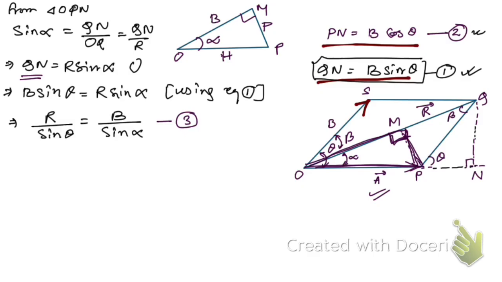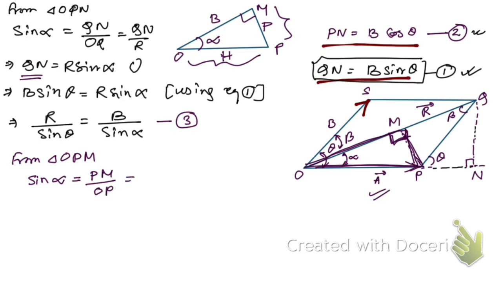From triangle OPM, sin alpha is equal to the perpendicular PM by the hypotenuse OP.